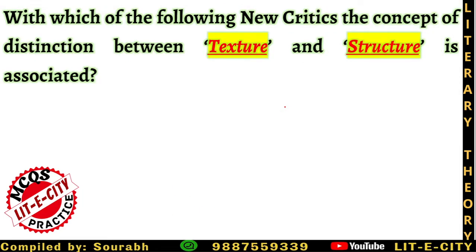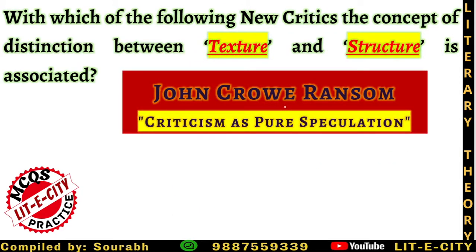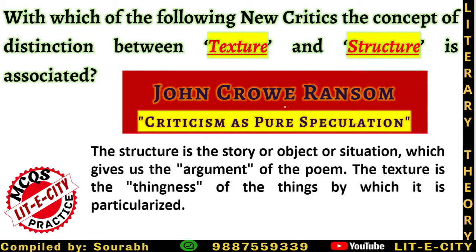Now, this texture and structure distinction is given by John Crowe Ransom in his famous essay, Criticism as Pure Speculation. Dear friends, he says that the structure is the story, object or situation which gives us the basic argument of the poem. Like in Paradise Lost, the story, the object and situation can be easily identified. It is a story of the fall of Satan, the coming of Christ, the fall of Eden and redemption.